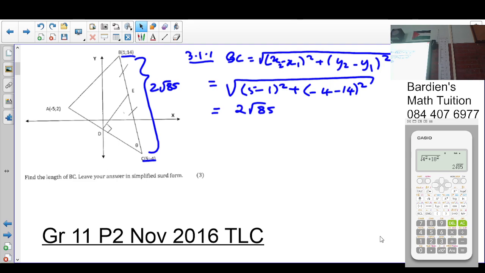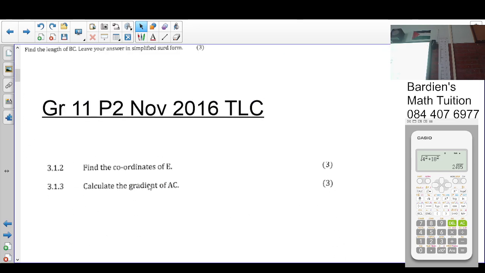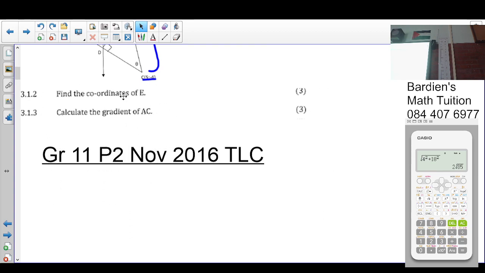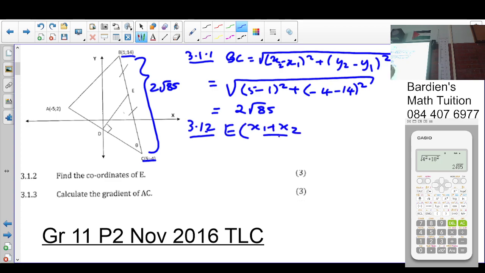And the next question, let's calculate the coordinates of E, the midpoint. As we know, E is the midpoint of BC. So how do you calculate midpoint? X1 plus X2 over 2, Y1 plus Y2 over 2.